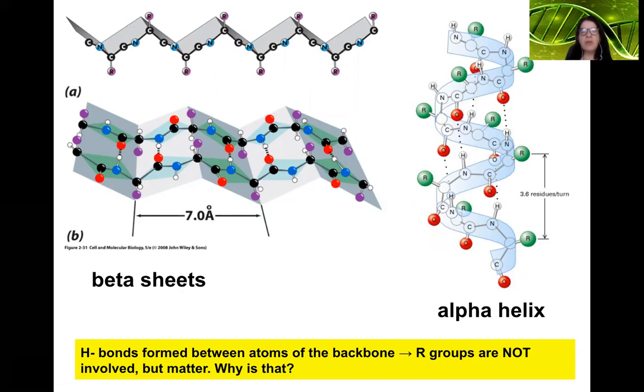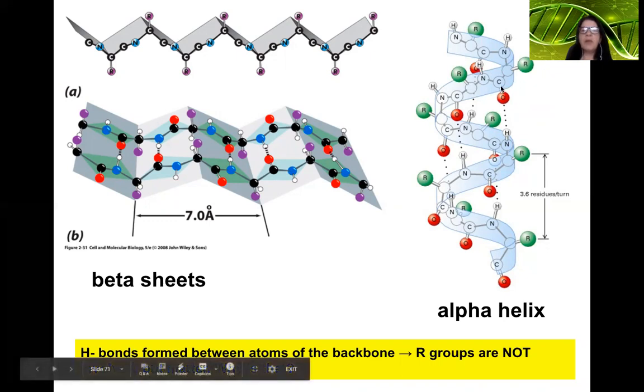How are these structures formed? Well, they're formed because hydrogen bonds form between the atoms of the backbone of the polypeptide. Now, it's important to understand that the R groups are not involved. They do matter. Why is that? Why is it that the R groups matter? I want you to pay attention here. See where the hydrogen bonds are in the helix.